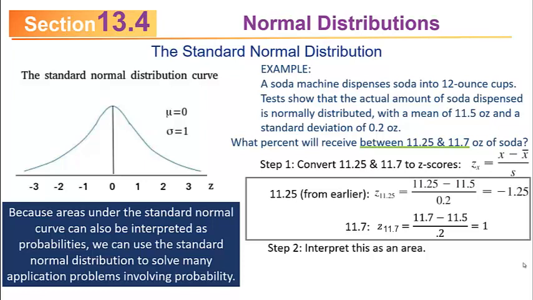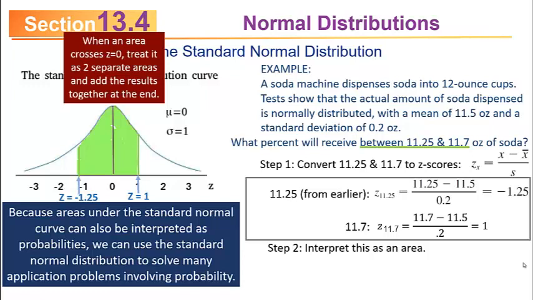Those two numbers converted to z-scores become negative 1.25 and 1. The 11.25 is taken to negative 1.25, and then the 11.7 takes you all the way to z equal 1. So we're looking for the area between z equal negative 1.25 and z equal 1.